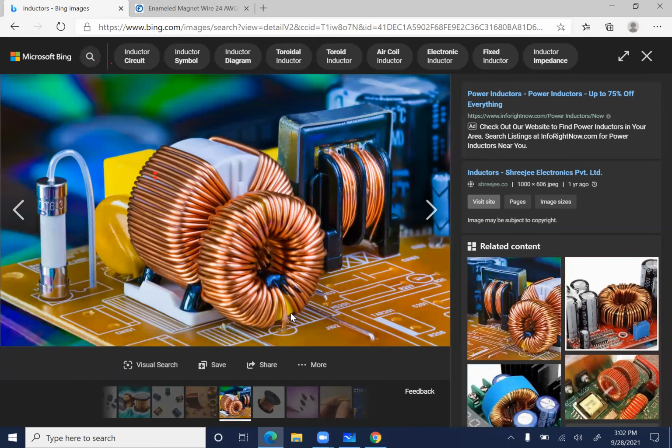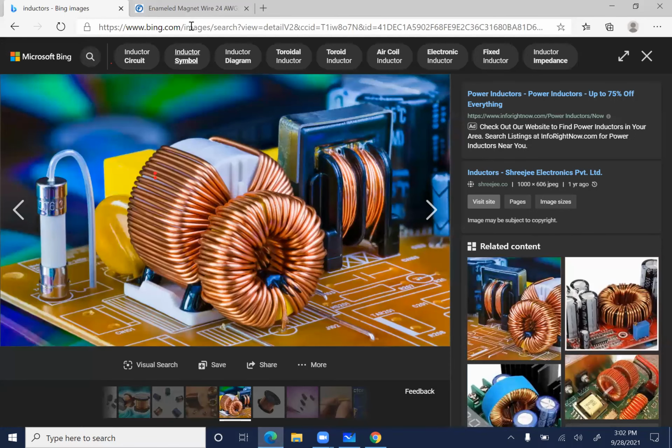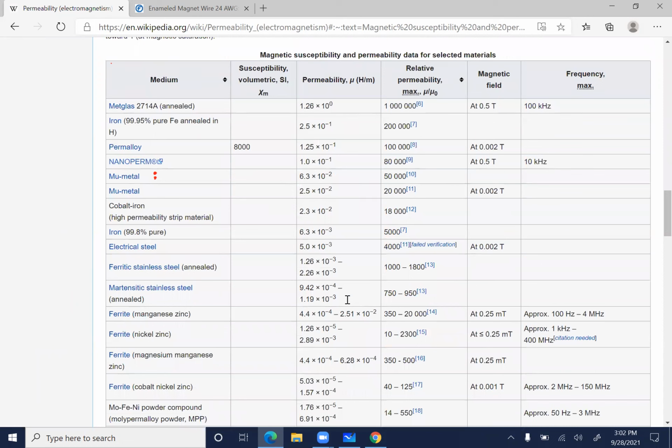So if we talk about magnetic materials, we can look at this table here. We want something to have a relatively high permeability. Permeability is the same thing as saying conductivity.